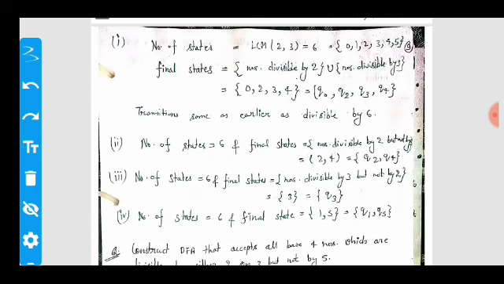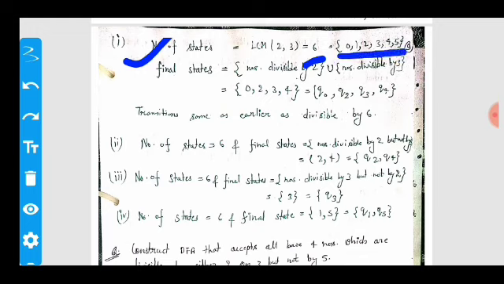In the case of the first, divisible by 2 and 3, the number of states in this case is the LCM of those numbers. So the LCM of 2 and 3 is 6. Then we count the number of states. So here the LCM is 6, then the states are 0, 1, 2, 3, 4 and 5.